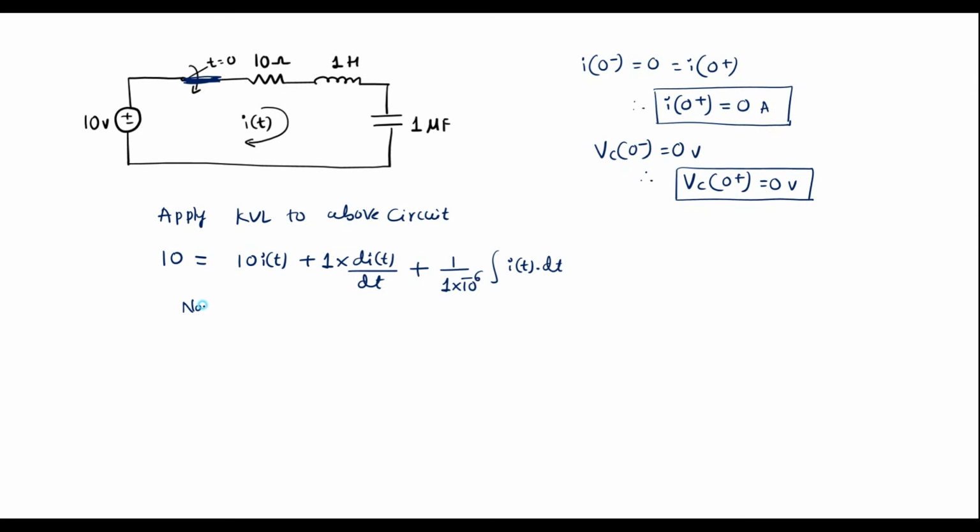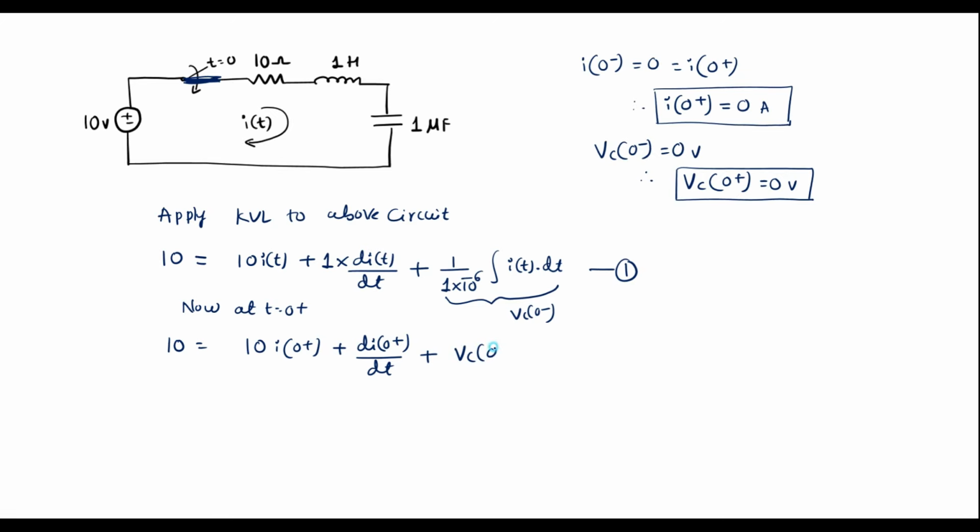So now at t equal to 0 plus, this equation 1 can be written as 10 is equal to 10 into i of 0 plus, plus di of 0 plus by dt, plus the initial voltage Vc of 0 minus. Vc of 0 minus value is 0, therefore Vc of 0 plus will also be 0.